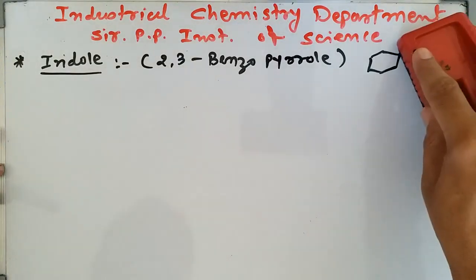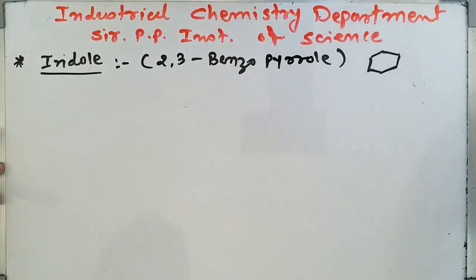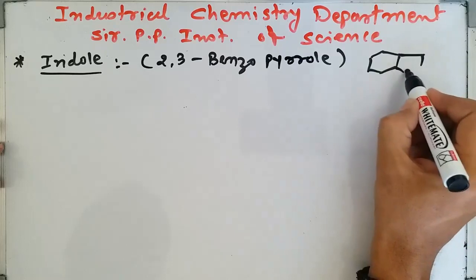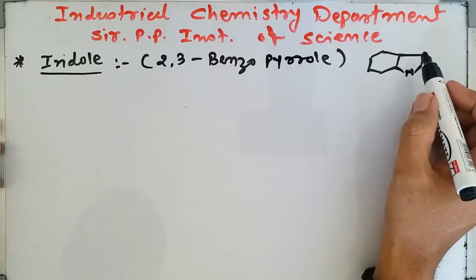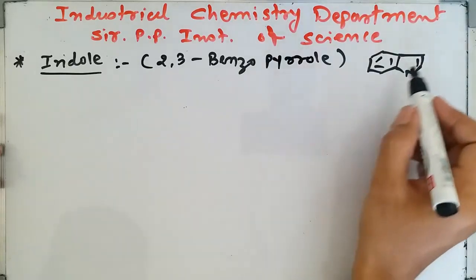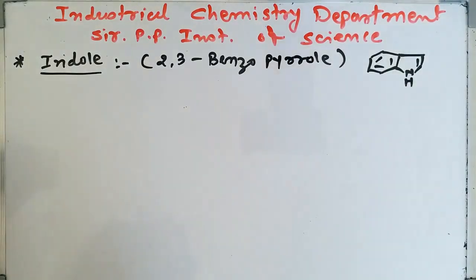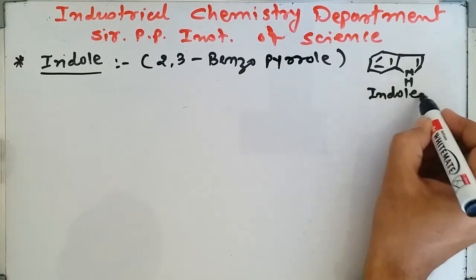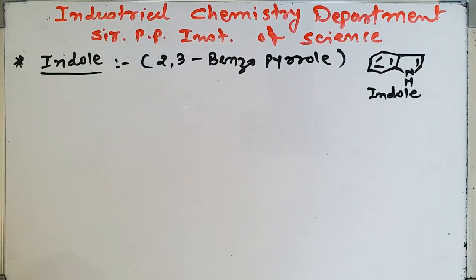So pyrrole combined with a benzene ring is known as benzopyrrole. This is the structure of indole.